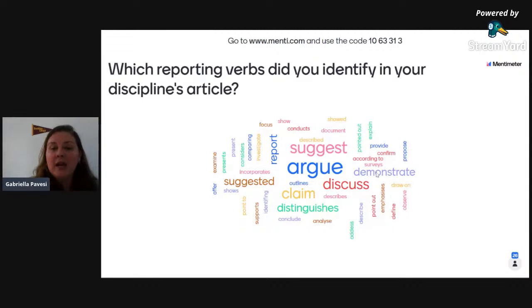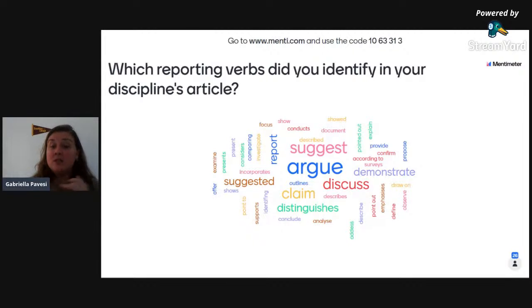We have others like demonstrate. We have according to, very good. But just to clarify, it's perfectly okay that it's here, but according to is not really a reporting verb in terms of the definition of it. I guess we could call it a stretch of language that we use to refer, but it's not a reporting verb in terms of the definition. But yes, it does appear.